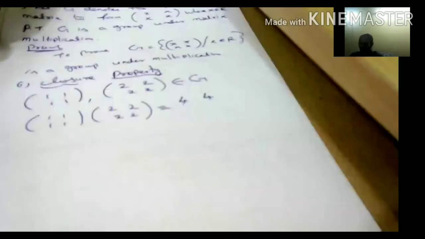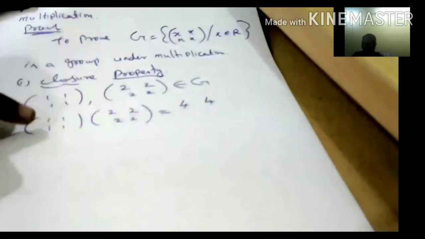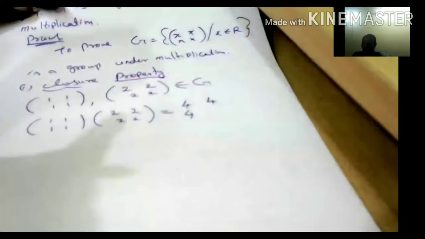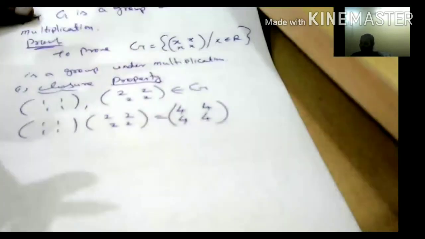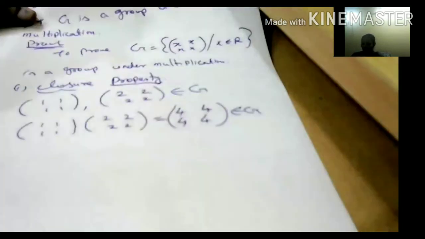First row into second column is also 4. Second row with first column is 4, and second row with second column is 4. So we have got a 2 by 2 matrix with all elements the same, 4, 4, 4, 4. Therefore, this belongs to our set G, so it is closed.